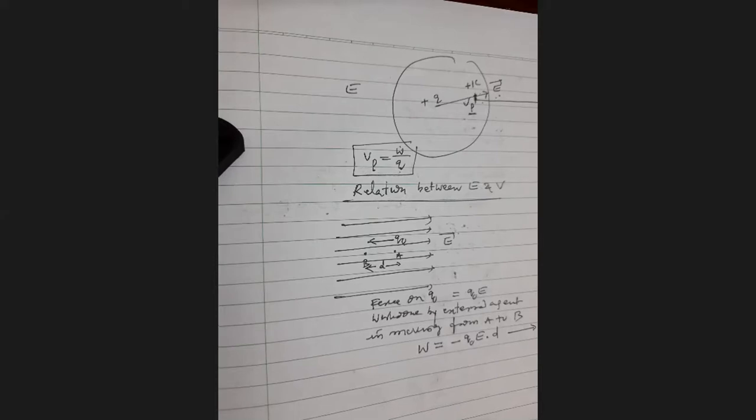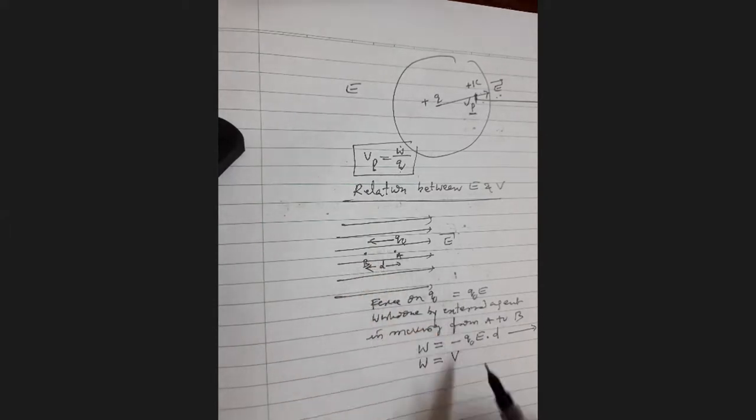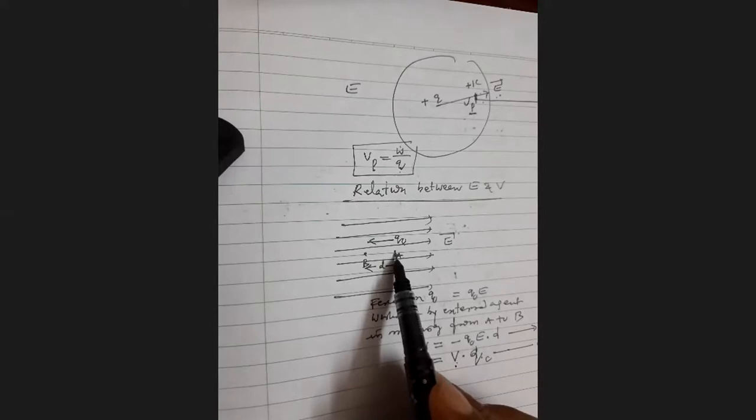But the work done, we can write in other words, equals the potential difference between the points. If V is the potential difference between A and B, then the work done is potential difference V into charge Q naught, equation 2. What I'm saying is, the work done in moving the test charge Q naught from point A to B is equal to V into Q naught, where V represents the potential difference between the points A and B.